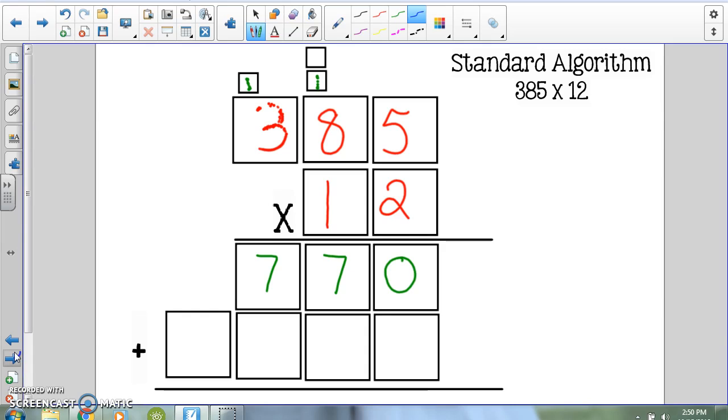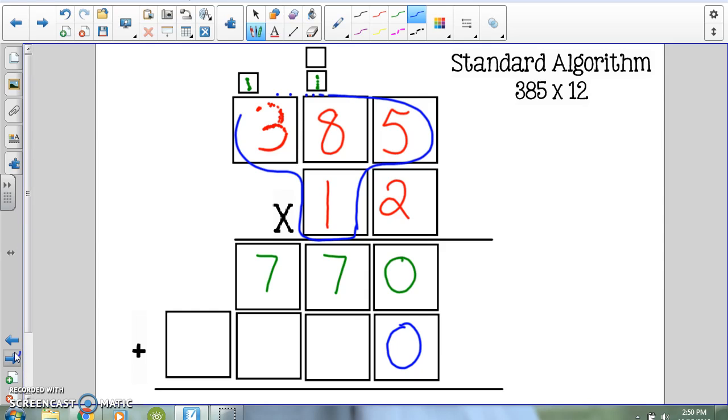Now that we are moving from our ones place to our tens place, we have to put the 0 as our placeholder to hold the place in our ones. So now the next numbers we're going to multiply is 385 times 10.